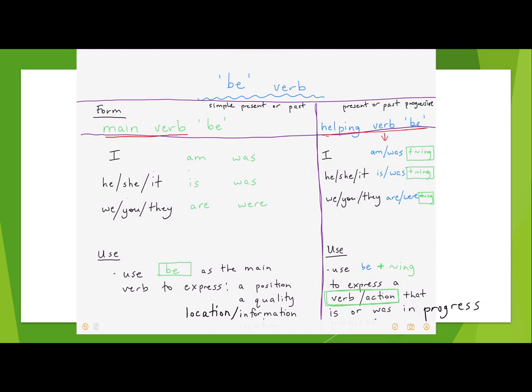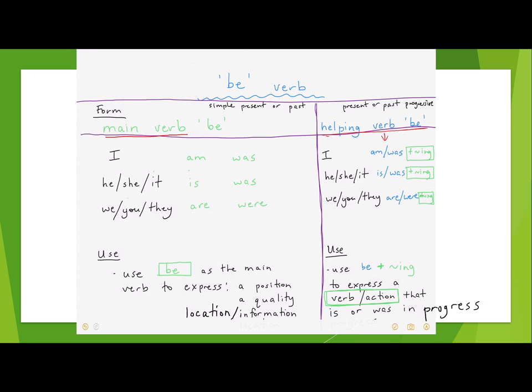You seem to be okay with that one. With using the be verb to express an action that is in progress now, or an action that was in progress. So we can see the blue be verb in the present and the past tenses with the main verb in the ing, the continuous form.